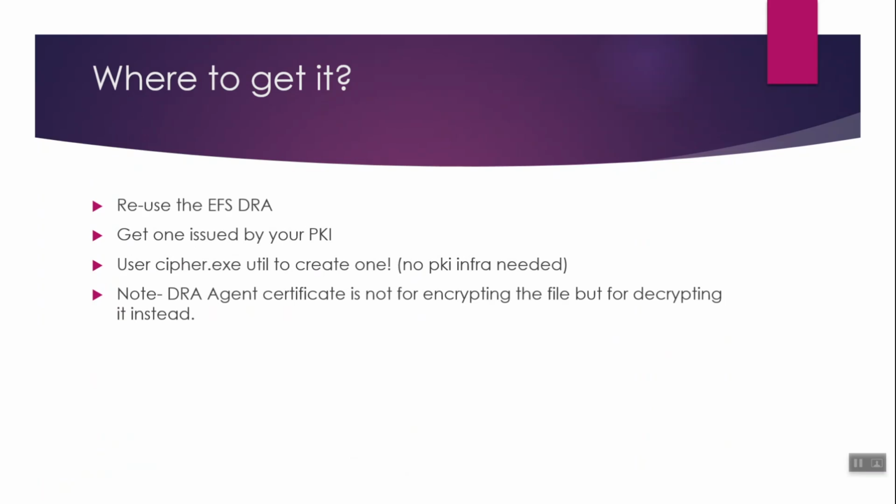There is no need of the DRA agent. The user does not have to go looking for a DRA agent and give him all his files and have him decrypt his files and give them back. So it's less fuzzy. But the only problem with this approach again is, obviously we need a PKI admin, and the end user has to reach out to the PKI admin. Not that easy, right? The end user has no idea who the PKI admin is.